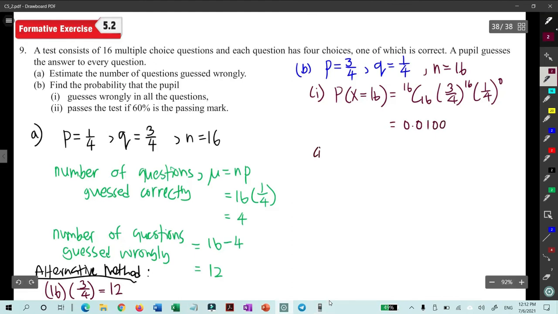And the second part, passes: find the probability that the pupil passes the test if 60% is the passing mark. Okay, we have to find out how many questions you should get correct.